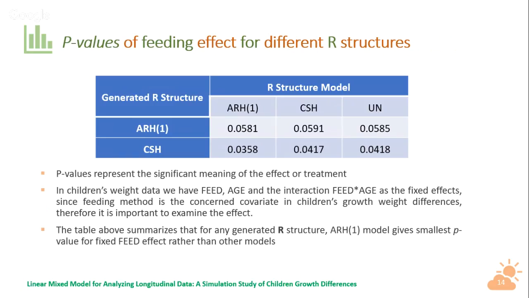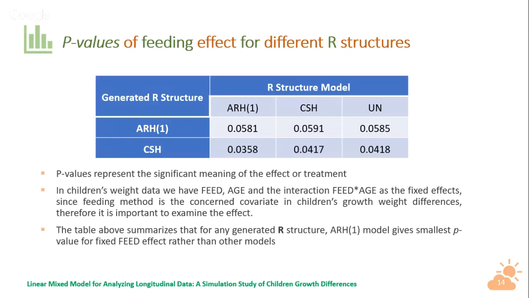This is the p-value of the estimated parameters from the variance-covariance structures heterogeneous first order autoregressive and heterogeneous compound symmetry. This is the p-value of the feeding component parameter.